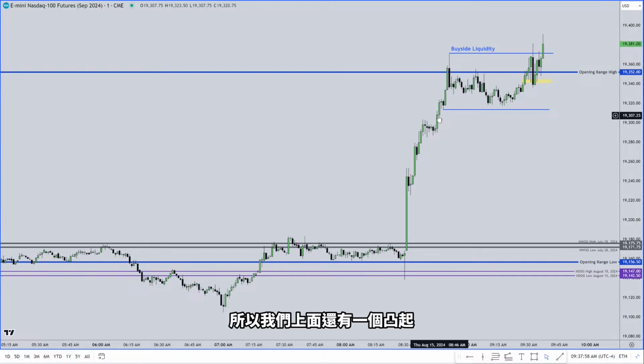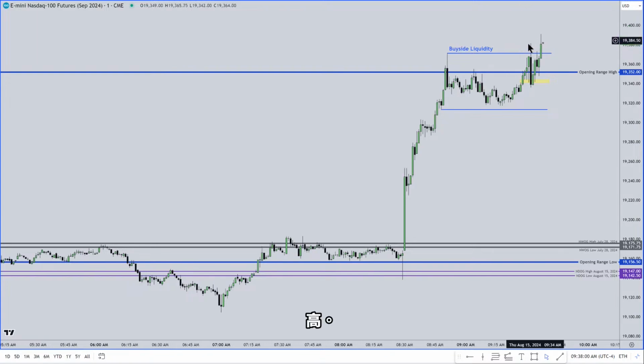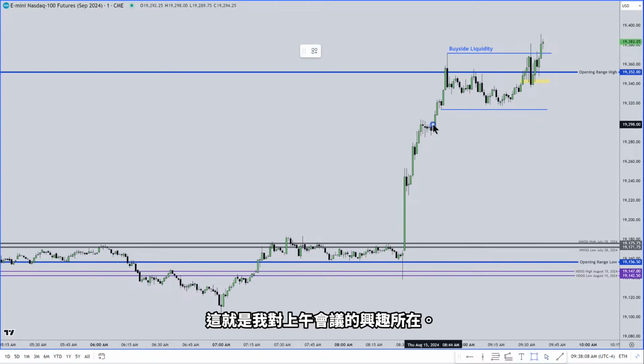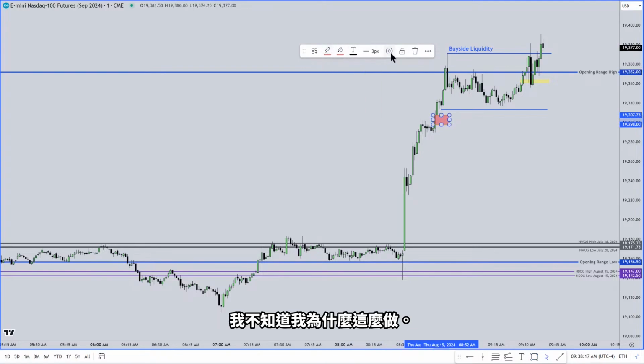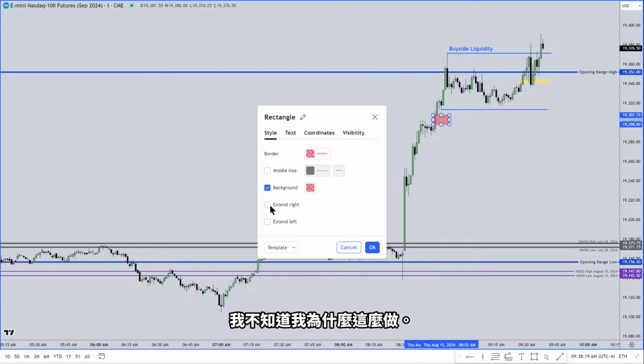Okay. So we have one more bump above the high. And let me draw out the, this is where my interest is for the morning session thus far. And I don't know why I did that.